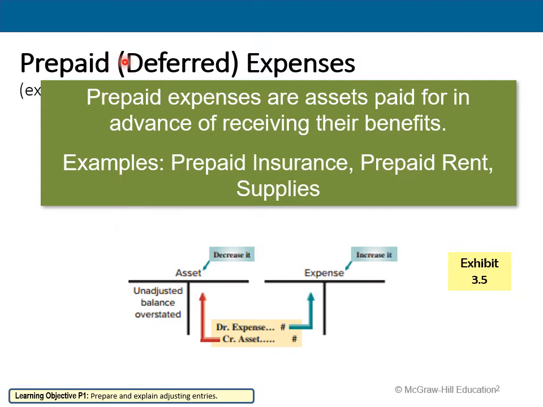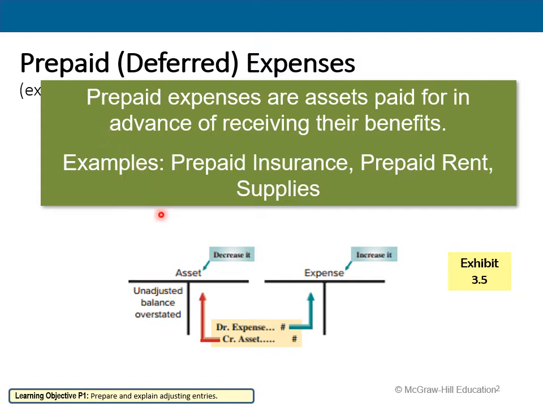So when we're dealing with a prepaid expense, one thing to keep in mind with adjusting entries for Chapter 3: when you are making an adjusting entry, that means there's a timing difference between either a revenue or expense and the related cash inflow or outflow.